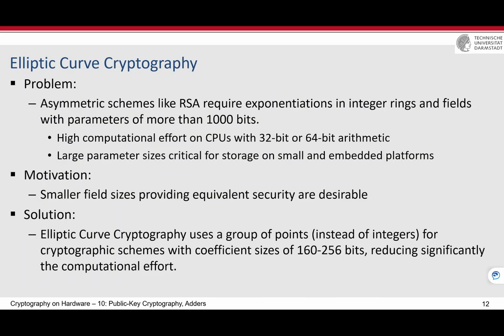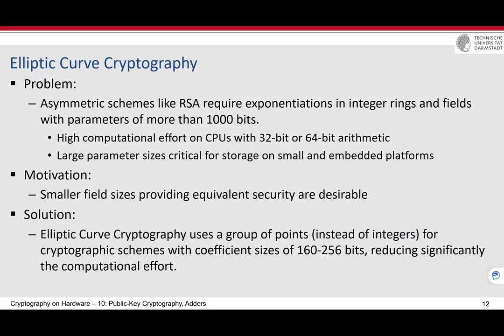Now, another alternative is ECC, or elliptic curve cryptography. The motivation for ECC is that RSA needs to deal with very large numbers, and the computational overhead is pretty high.